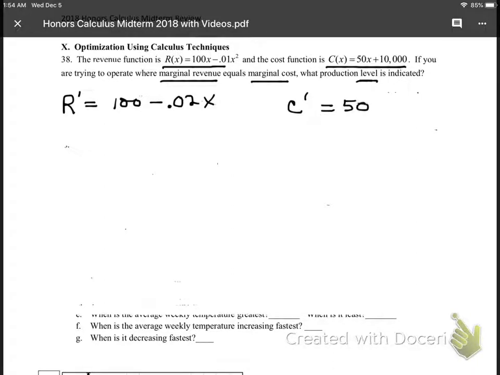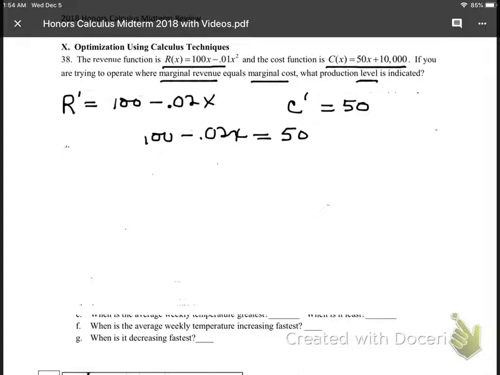So if you're going to operate where marginal revenue, which is 100 minus 0.02x, equals marginal cost, which is 50, you have a one-step, well, I guess a two-step problem. So the first thing I'm going to do is subtract 50 from both sides and then bring the 0.02 over.